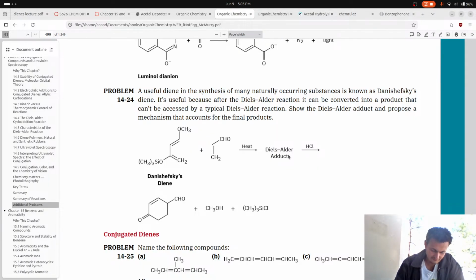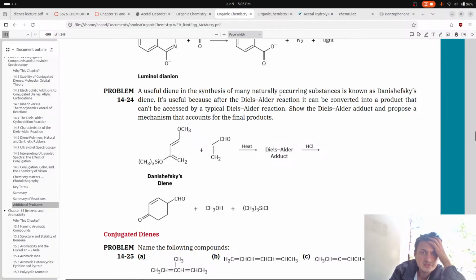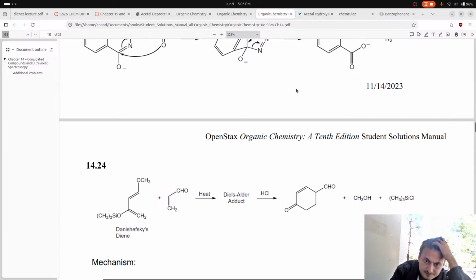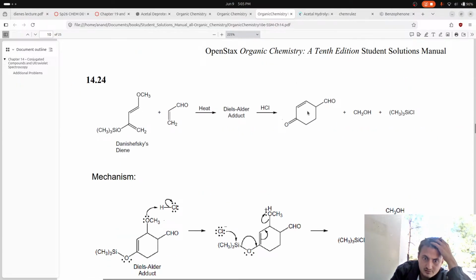And they're saying that it forms this cyclohexanone carbaldehyde ene. What the hell? Dude, what? That is a freaky ass reaction. Okay, so wait. Here we go.